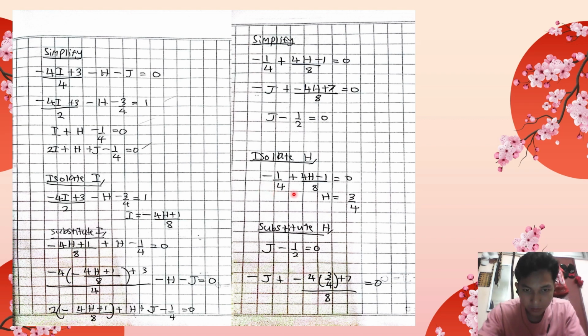Negative 1 over 4 plus 4h minus 1 over 8 equal to 0, and we get h equal to 3 over 4. So now we substitute h. We get the two left equations: j minus 1 over 2 equal to 0, and negative j plus negative 4 times 3 over 4 plus 7 over 8 equal to 0.